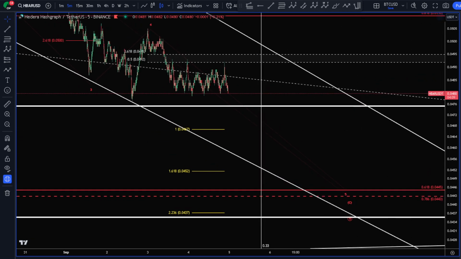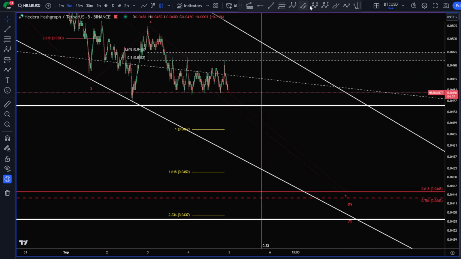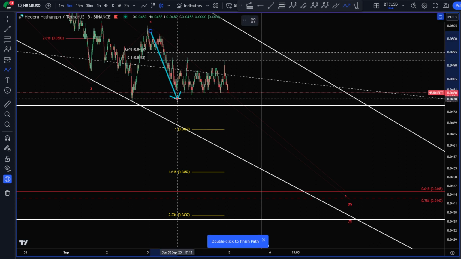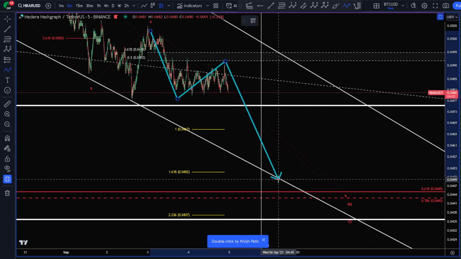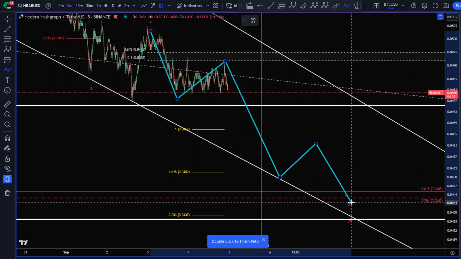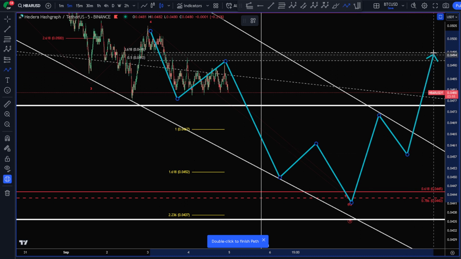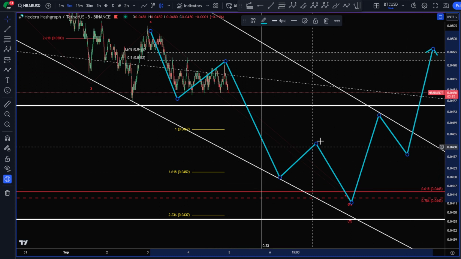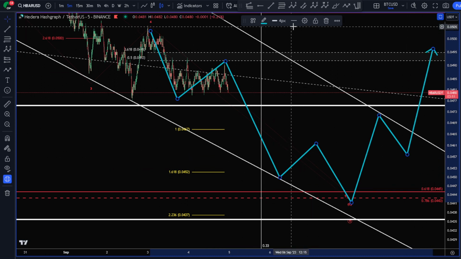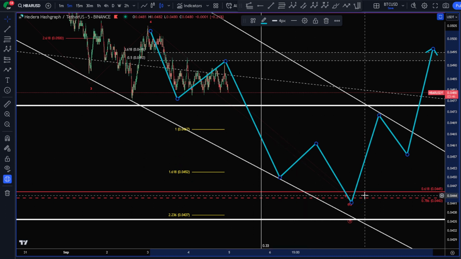Again, I want to see 5 waves here. Got our 1, 2, 3, 4, 5. What I want to see after that is a break above support, and then we go. And by break above, I mean the previous 4th wave. I want to see a break above this previous 4th wave of the downtrend.